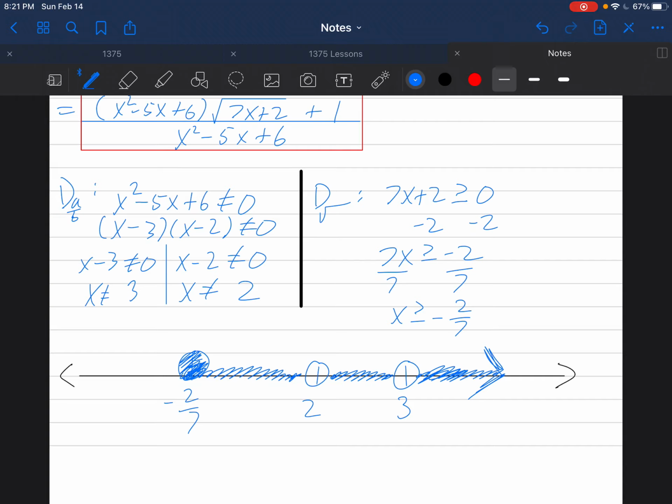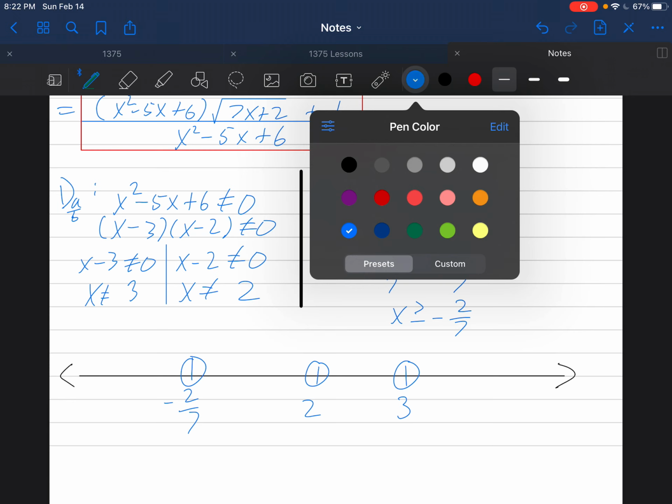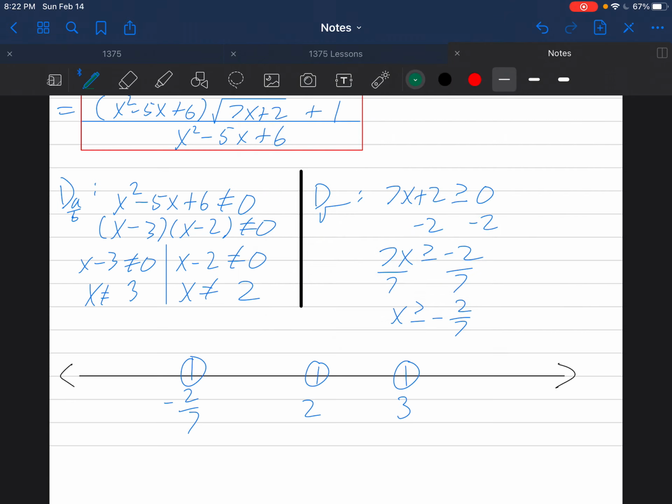So essentially what we are doing here is, I'll draw this again to illustrate a point, we're combining two different domains, right? Again, the domain for the rational function, let's put that one in green, is this: everything except for the number 2 and except for the number 3.